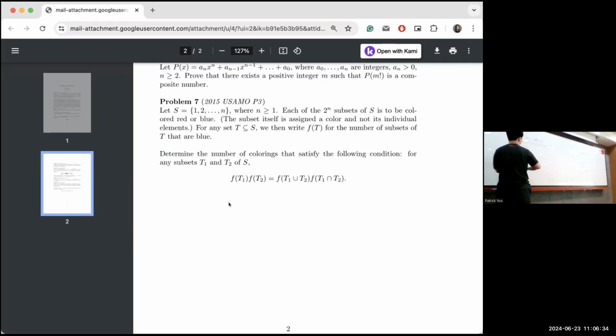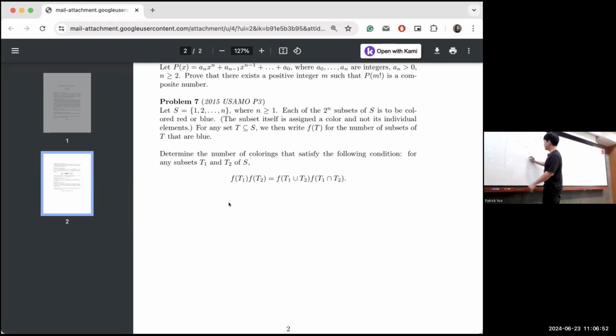So then case 2 would be F(phi) equals 0. And what case 2 tells us is that if we take any disjoint T1 and T2, then F(T1) times F(T2) equals 0, so one of these must have all of their subsets blue.